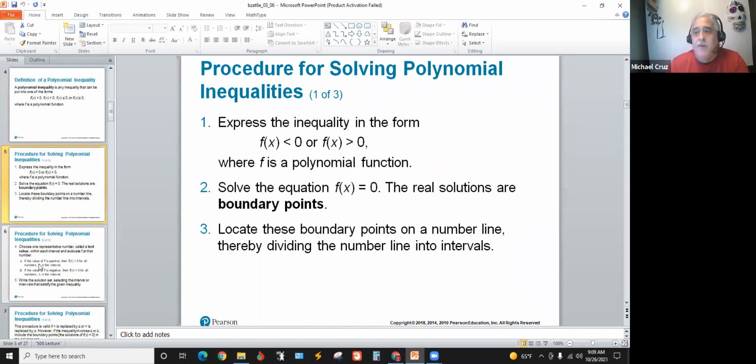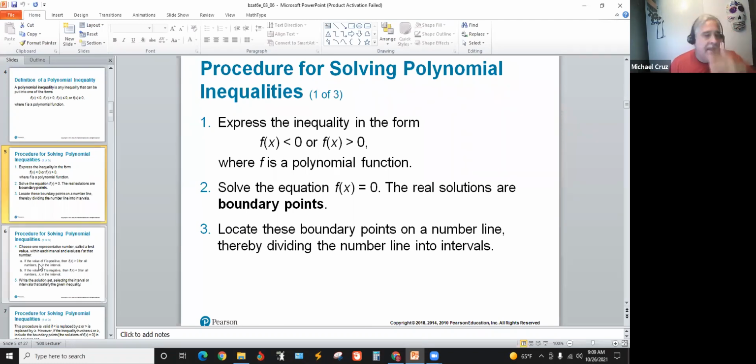Now, in order to solve an inequality, you've got to have the inequality in a form very much like a quadratic. When you solve it, you have 0 on one side and your function on the other.